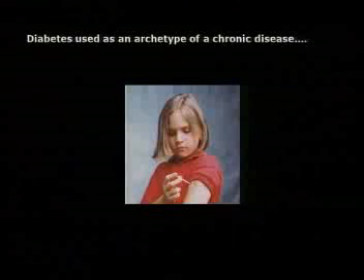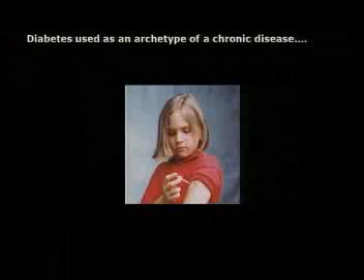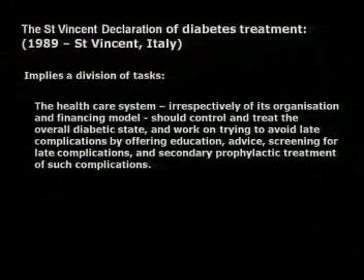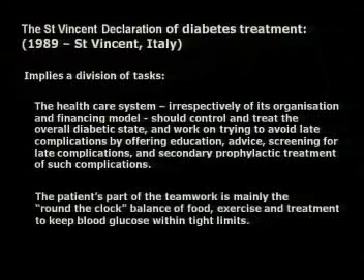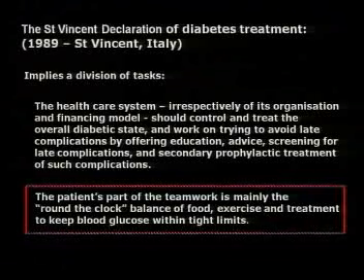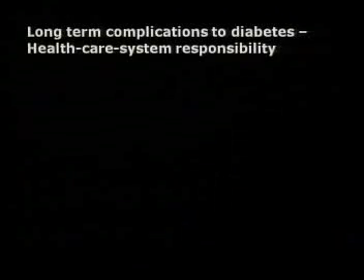Now onto the experimental part. We use diabetes, as I said, as the archetype of the chronic disease. We use real families, and what we are aiming at is to support the patient's part of the teamwork in diabetes, which is round-the-clock balance of food, exercise, and treatment to keep blood glucose within tight limits.